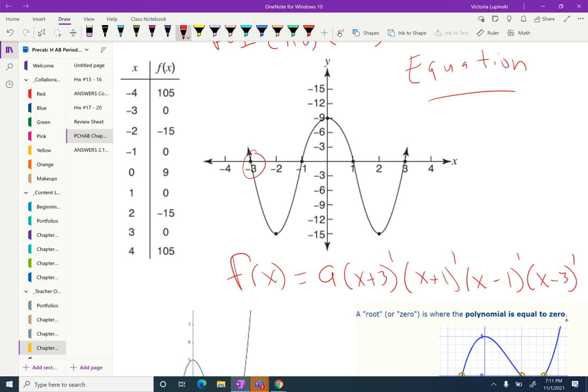In order to solve for a, you now need any additional ordered pair besides an x-intercept. Sometimes the y-intercept is useful, or you could just pick any other value. If you had this table, you could pick anything except for an x-intercept. So you would have lots of different options. Any questions on that?